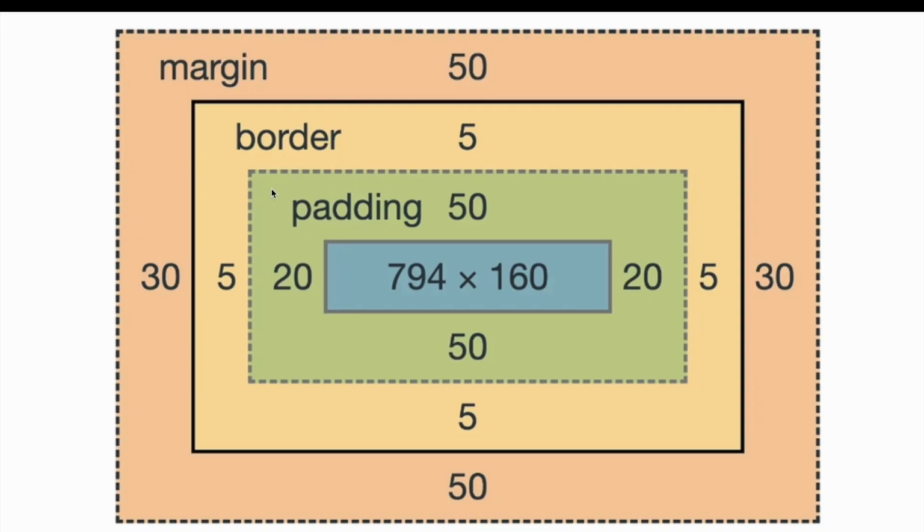Before, I showed the screen div with a red border. That was the border. And then margin is the space outside the border, separating the element from others. So if I have 2 items and I have a margin, that's going to separate them from each other.